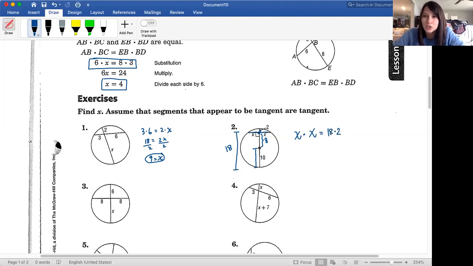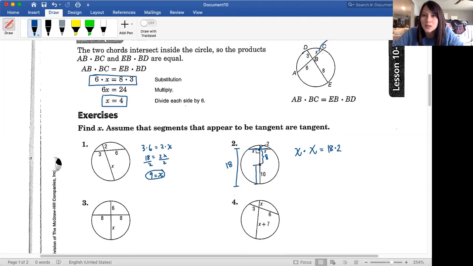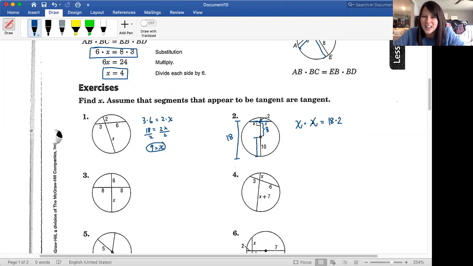You've got to make sure you're looking at the actual part that's being cut by the intersection. So we've got x times x, x squared, and then 18 times 2. So 18 times 2 is 36, square root both sides, x is 6.